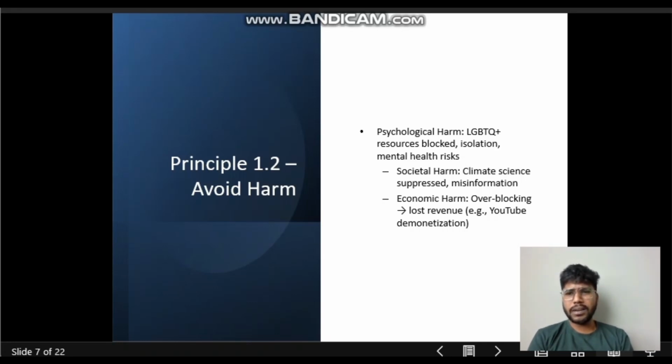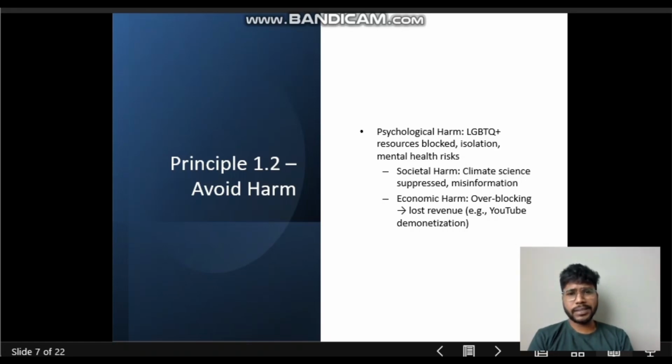Imagine a transgender student named Alex, who relies on online forums to connect with supportive communities. When Blocker Plus blocks these resources, Alex feels erased and isolated. This psychological harm is a direct violation of principle 1.2, right?